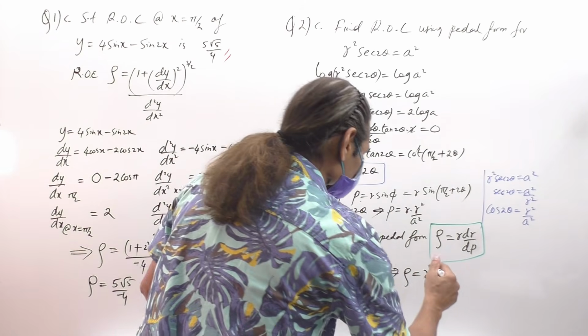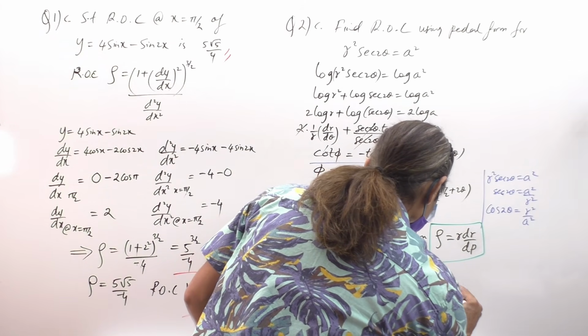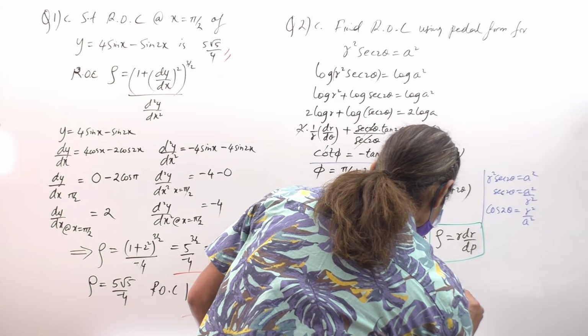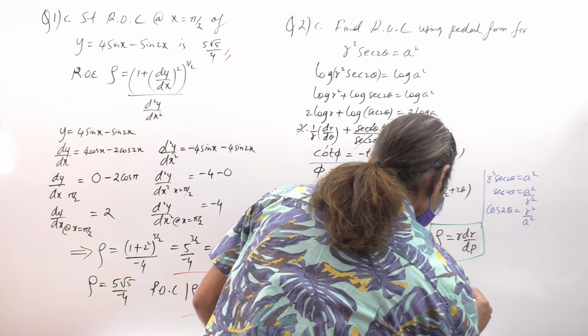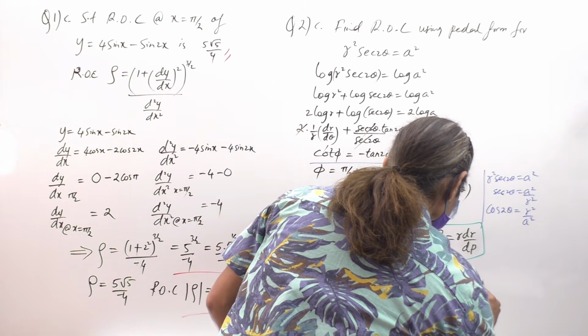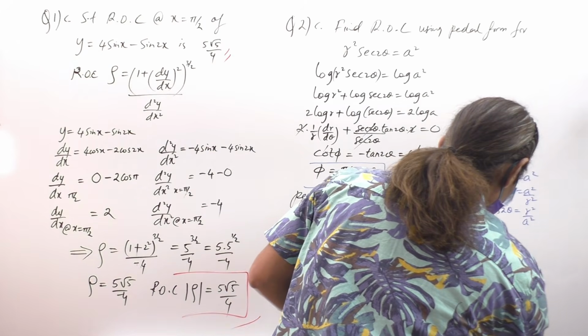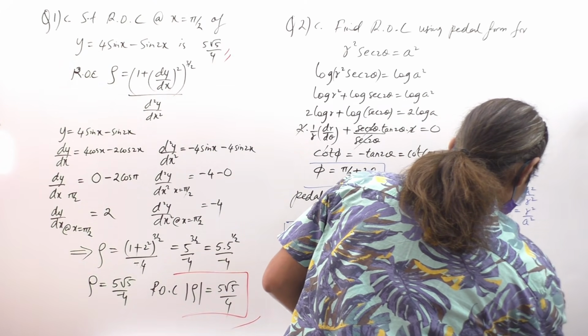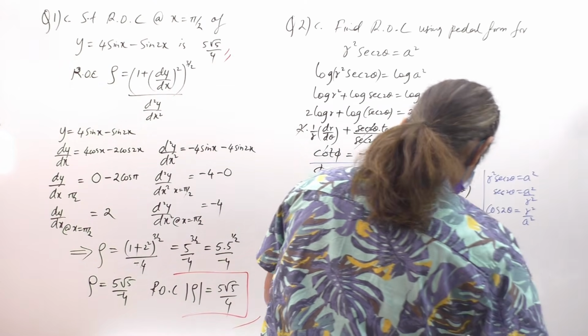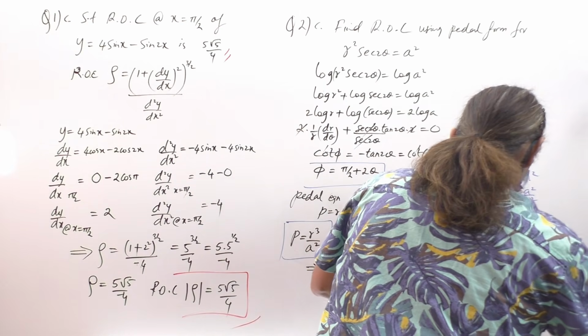So dr by dp is a square by 3r square. So r cancels here. That is a square by 3. That's all. Therefore, rho is equal to a square by 3 is the solution. That's it.